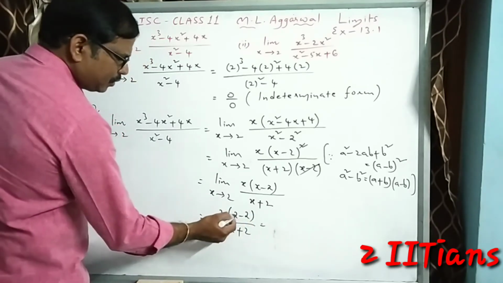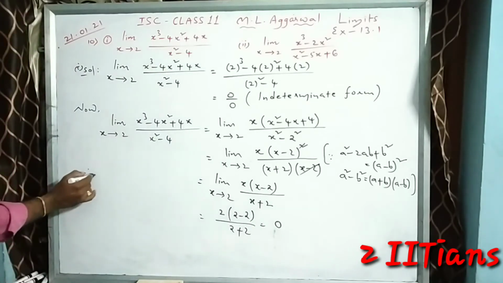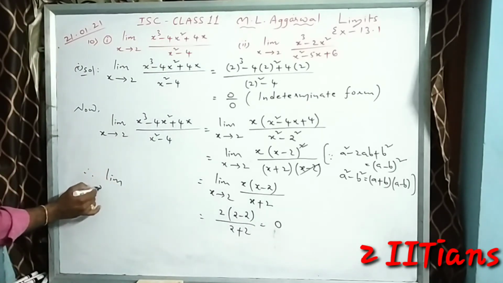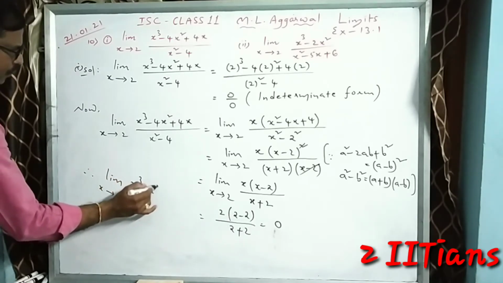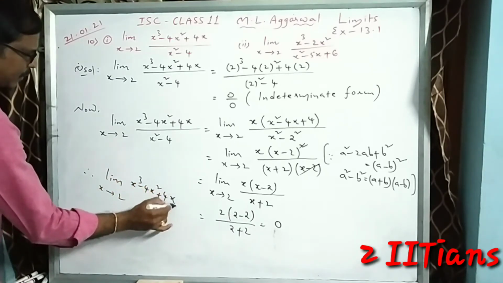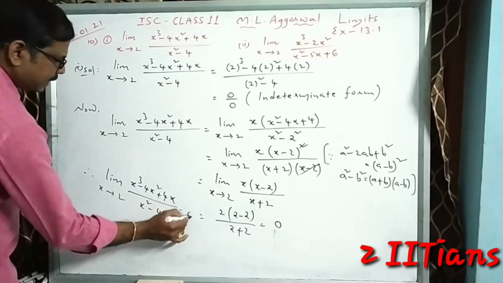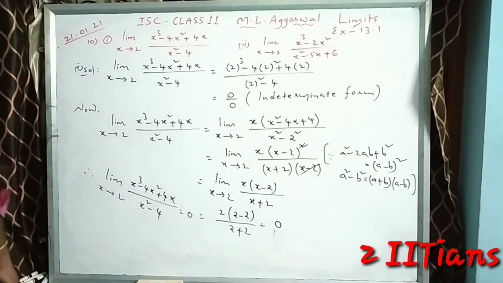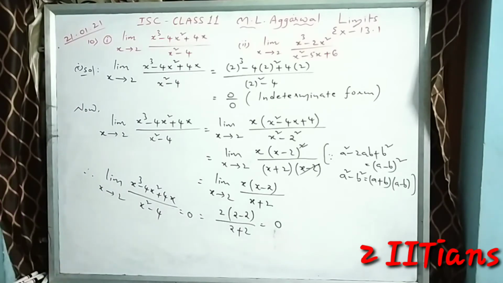So here 2 minus 2 is 0, 0 by something is 0. So therefore, step compulsory. X cube minus 4x square plus 4x upon x square minus 4 equal to 0. So the final answer is 0. Right? This is the way we have to calculate.